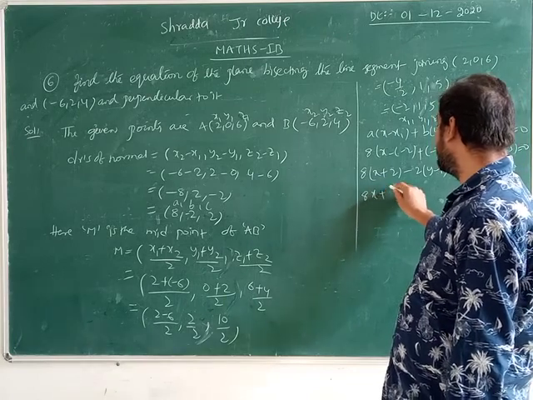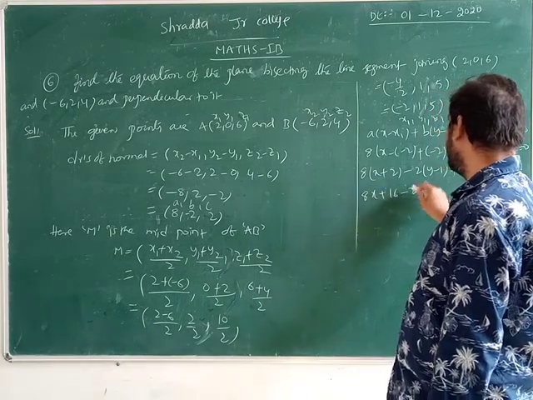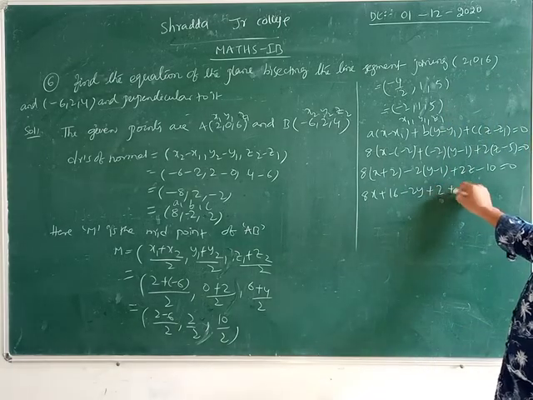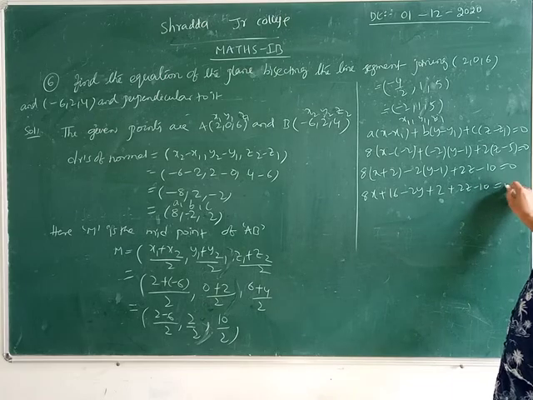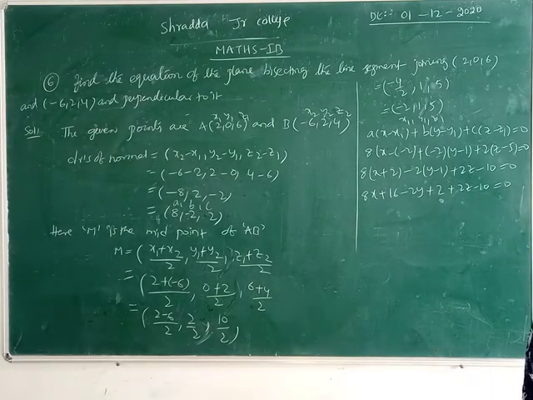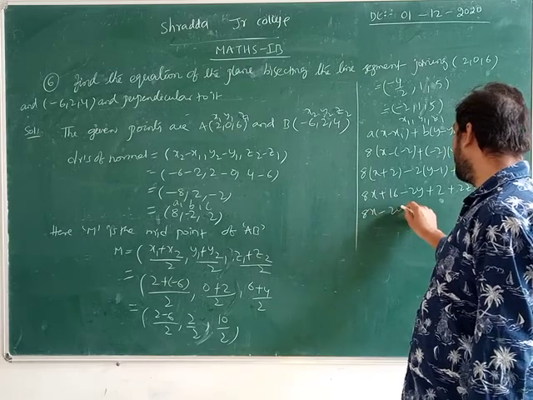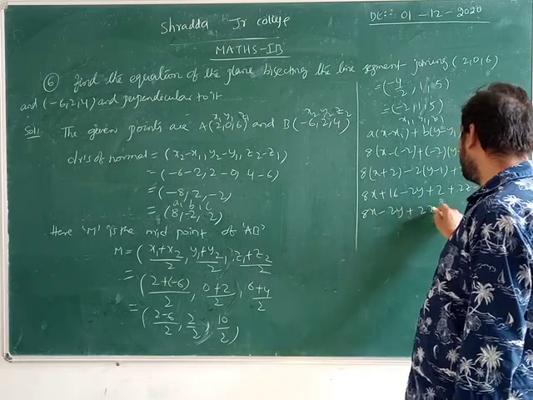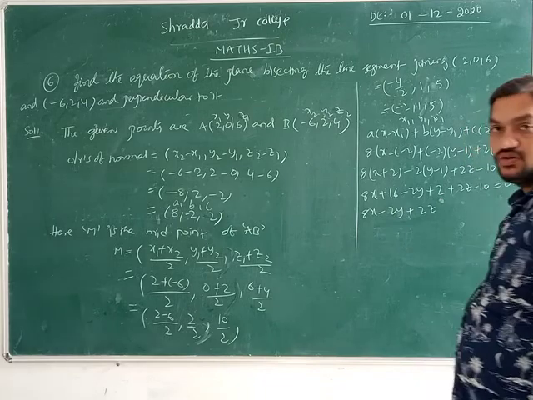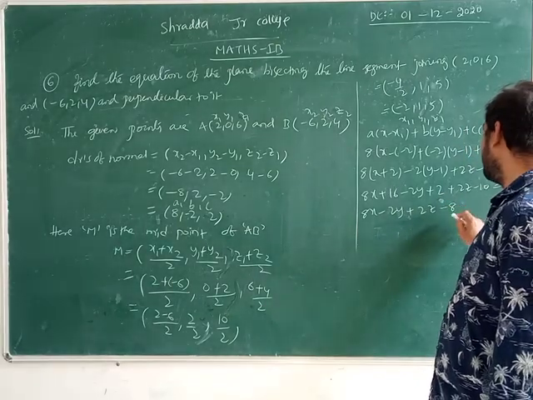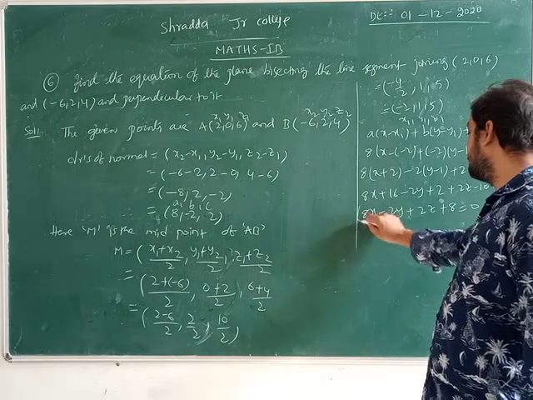Now 8x plus 16, minus 2y plus 2, plus 2z minus 10 equals 0. So we get 8x minus 2y plus 2z plus 16 plus 2, how much is that? 18. 18 minus 10 is 8. So plus 8 equals 0.